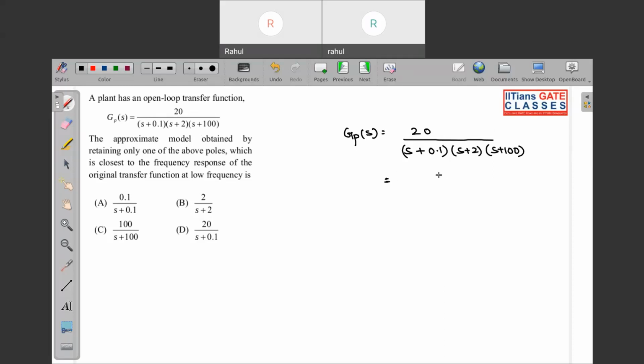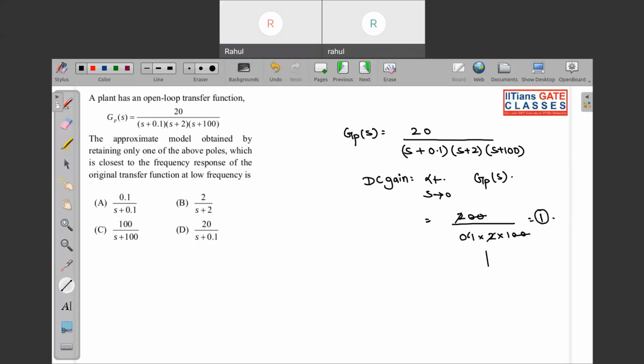Now if you calculate the DC gain, the DC gain over here will be equal to limit s tends to 0 of GP(s). So this will be equal to 20 divided by 0.1 into 2 into 100. So the zeros cancel. So you can see 1. So 1 is the DC gain.